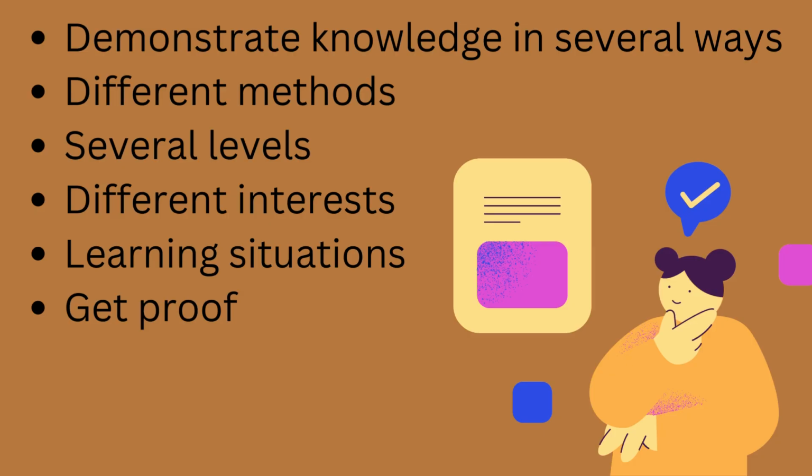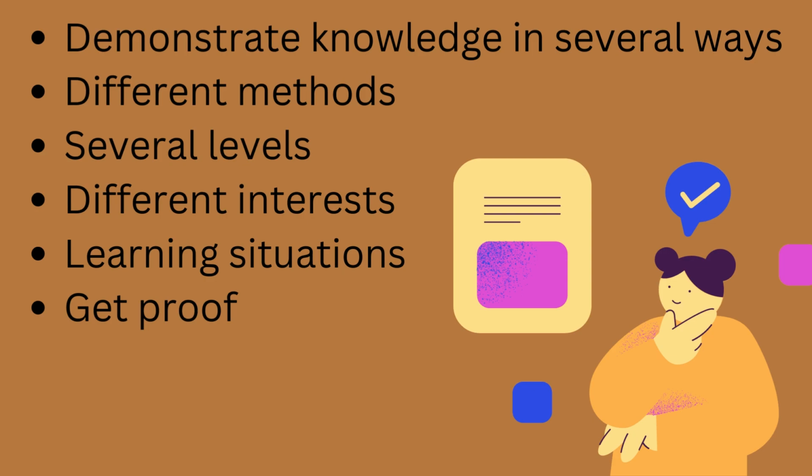Here is a short summary. In this phase, the differentiation is mainly about giving students the opportunity to demonstrate knowledge in several ways, with different methods and to different extents at several levels and based on different interests. When there are several ways to demonstrate knowledge, the situation for evaluation can be a learning situation at the same time.